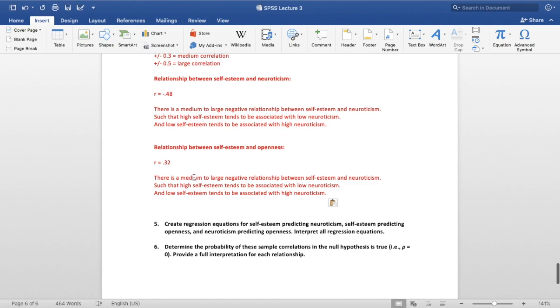There is a medium positive relationship between self-esteem and openness, such that high self-esteem tends to be associated with high openness, and low self-esteem tends to be associated with low openness.